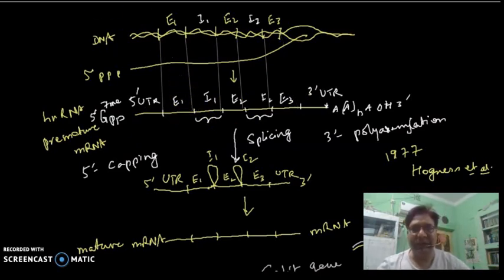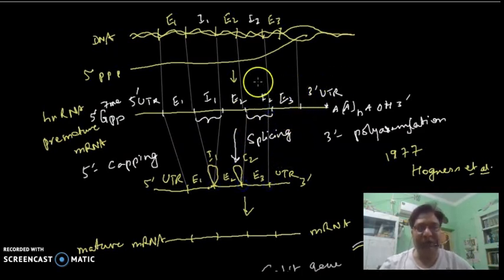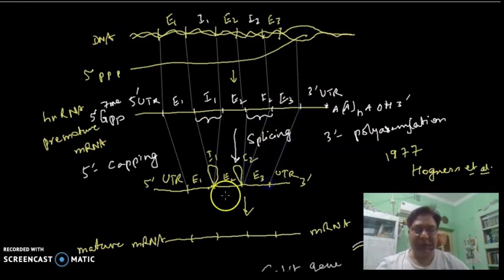Let me change this last one a little. Suppose it ends here. So in this diagram, the intron part is being removed like this, so it is getting shorter and shorter. Sorry, this one will come here, and this will end here. And this is the end result of that. The intron parts are removed.